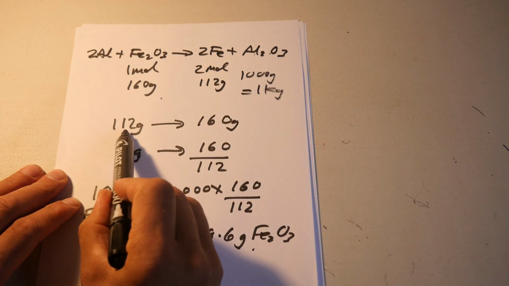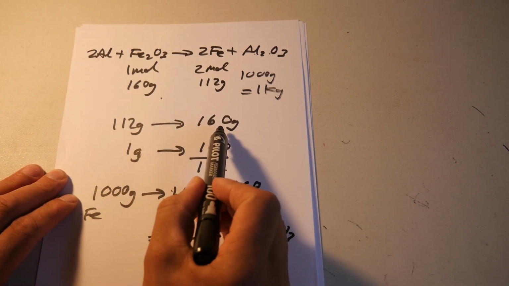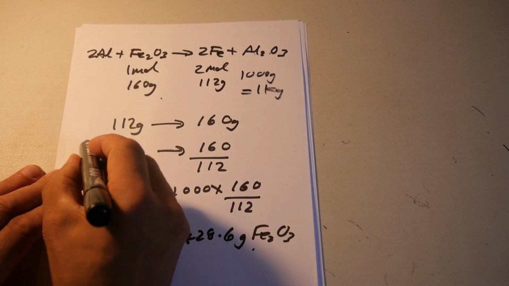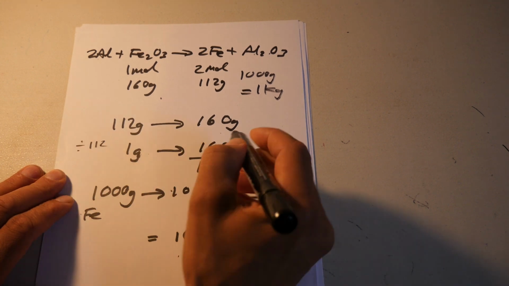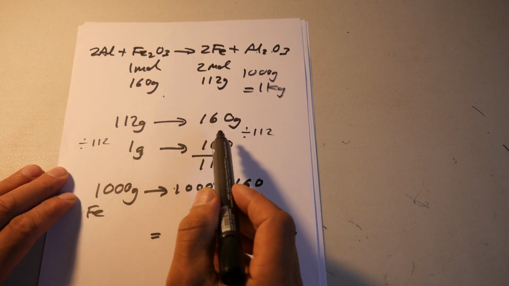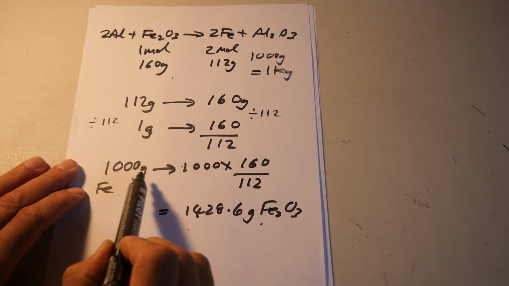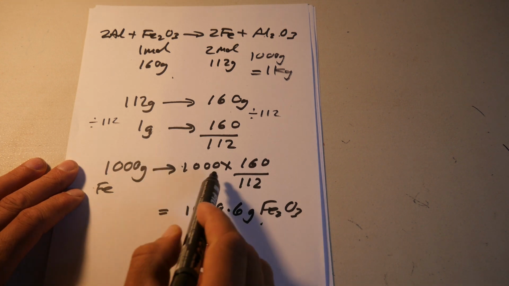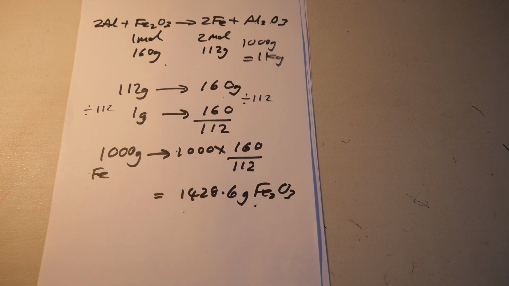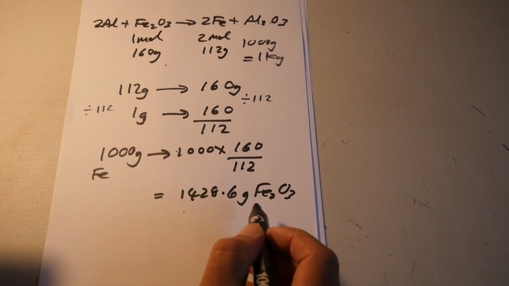So 112 grams of iron needs 160 grams of iron oxide, okay? So 1 gram, let's divide both sides by 112. 160 divided by 112. So 1,000 times this is 1,000 times this, which is 1,428.6 grams, okay? 160 divided by 112 times 1,000 equals 1,428.6 grams.